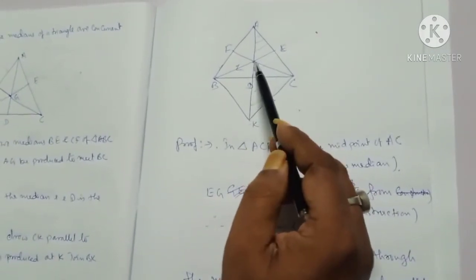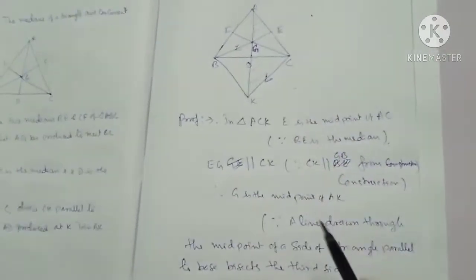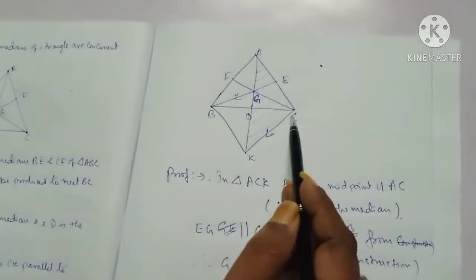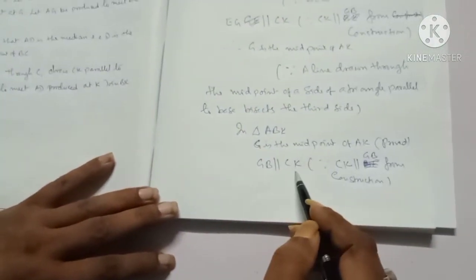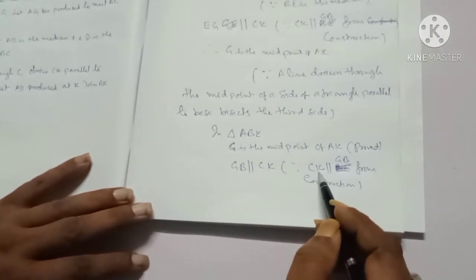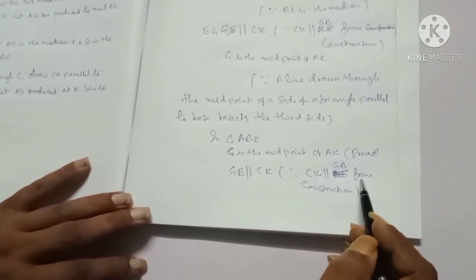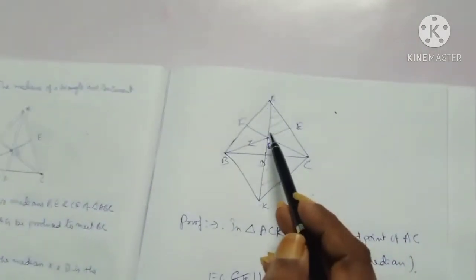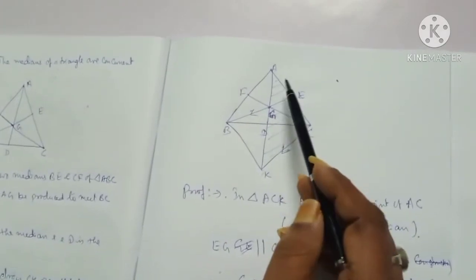Here also I have made this correction, because the direction is from C to K, G to B. So GB is parallel to CK from construction.